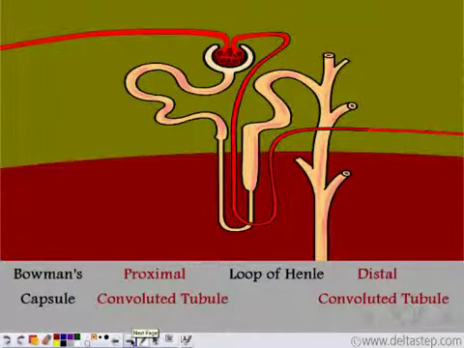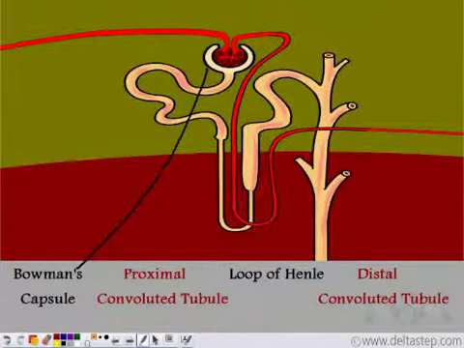So, ultrafiltration takes place in the Bowman's capsule. Now, selective reabsorption of glucose, water, and other nutrients take place in the proximal convoluted tubule, loop of Henle, and the distal convoluted tubule.